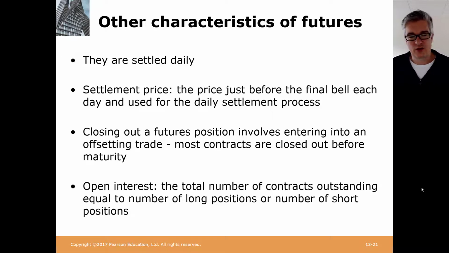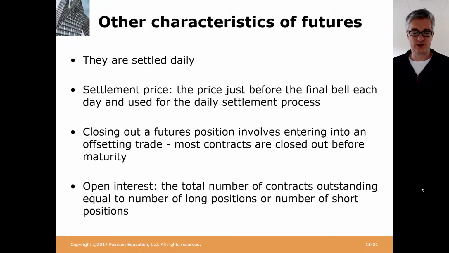What is also different between forwards and futures is that most forwards are just contracts like, hey, deliver me something somewhere in the future, and then the product actually gets delivered. For these future positions, a lot of the time between the start of the contract and the final delivery date, they are closed out with a countervailing contract.